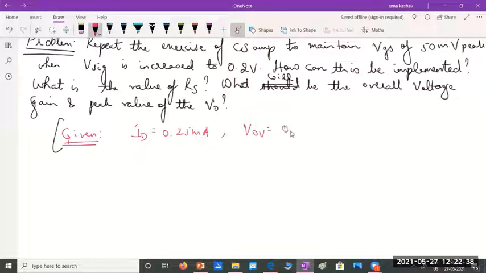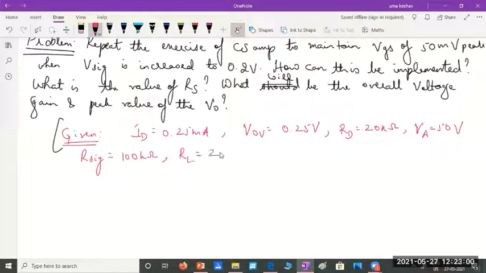VOV was 0.25 volts, RD was 20 kilo ohm, VA 50 volts, Rsig 100 kilo ohm, RL was given 20 kilo ohm.